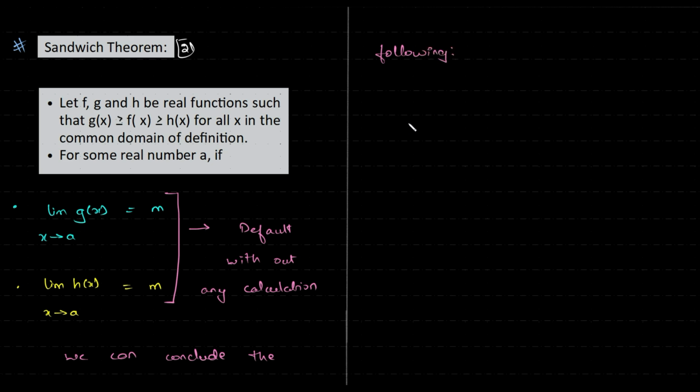The limit of f of x, the middle limit, if it's tending to the same thing, by default it will be equal to the same answer. You'll get the same output. The reason being, f of x is sandwiched between h of x and g of x.